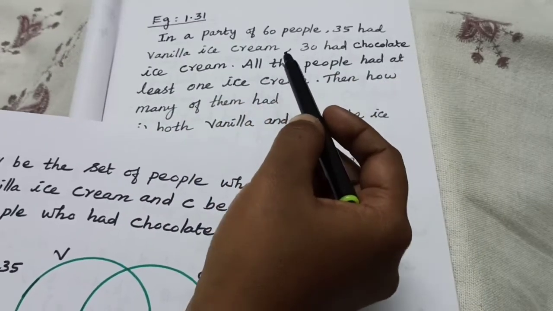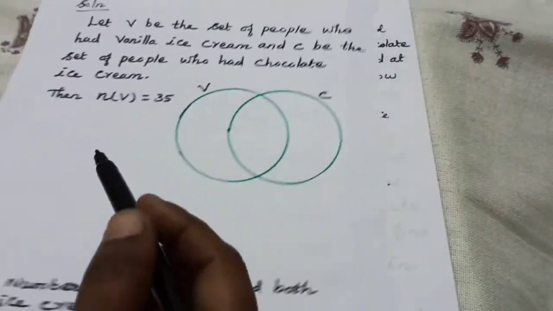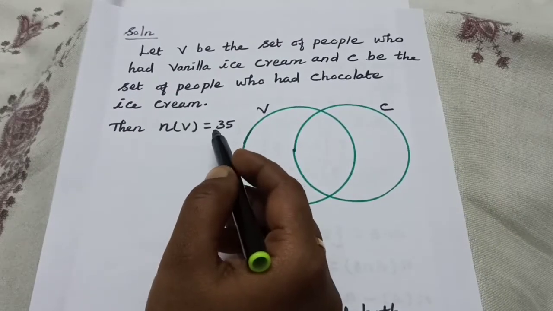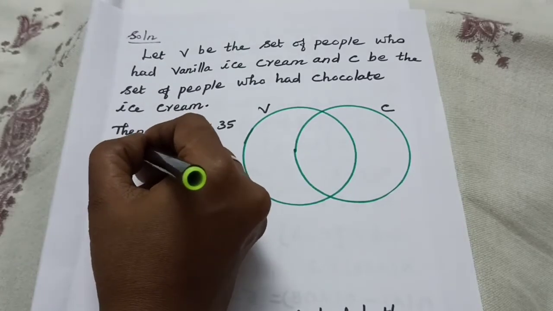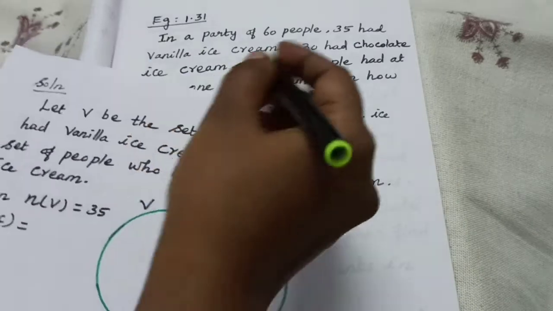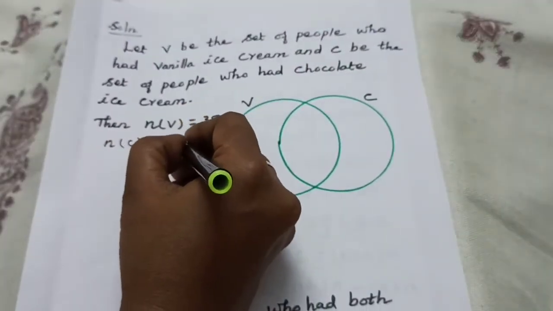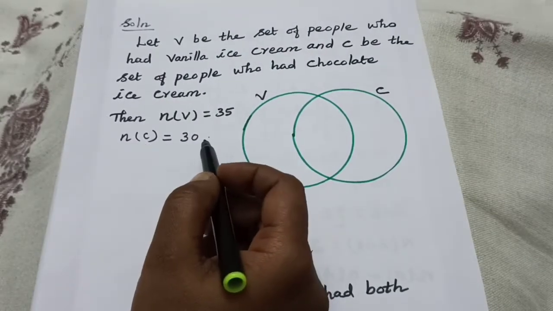That means here n of V is equal to 35. Then n of C is also given, isn't it? N of C is 30. Number of people using chocolate ice cream, that is 30.